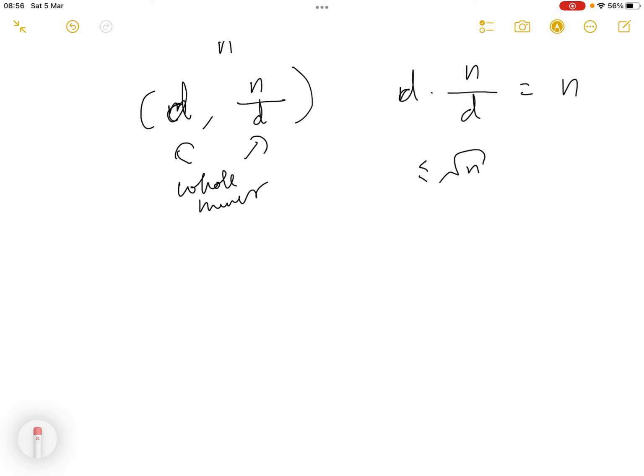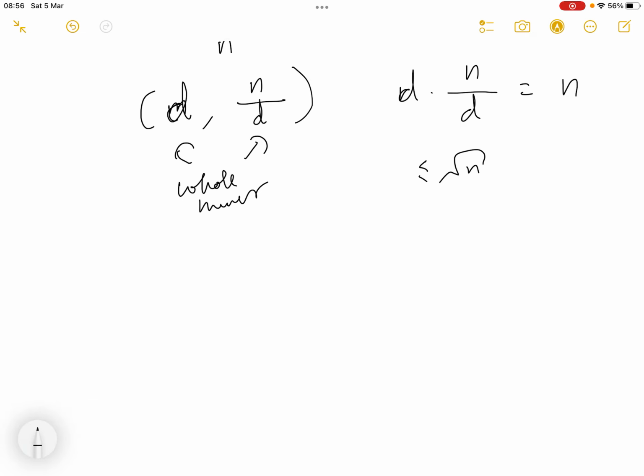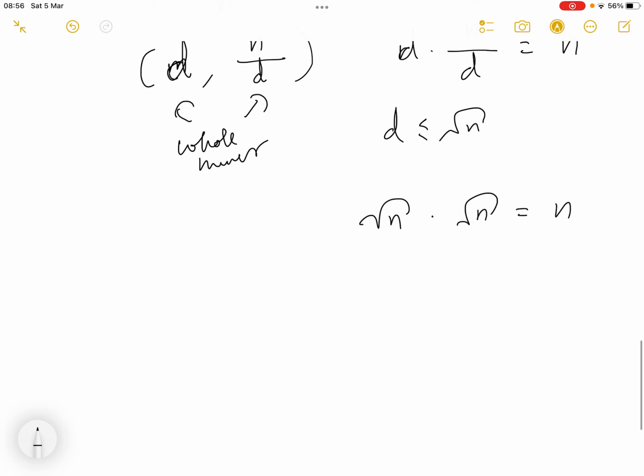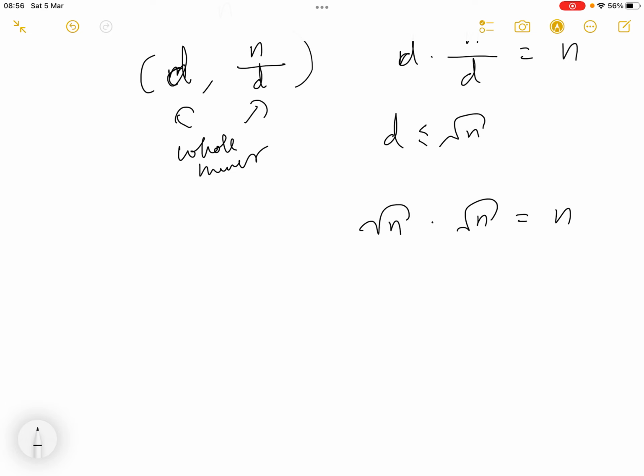Okay, so question. If we say d is less than n, why does the other have to be greater than the square root of n? Well, the square root of n times the square root of n is equal to n, right?